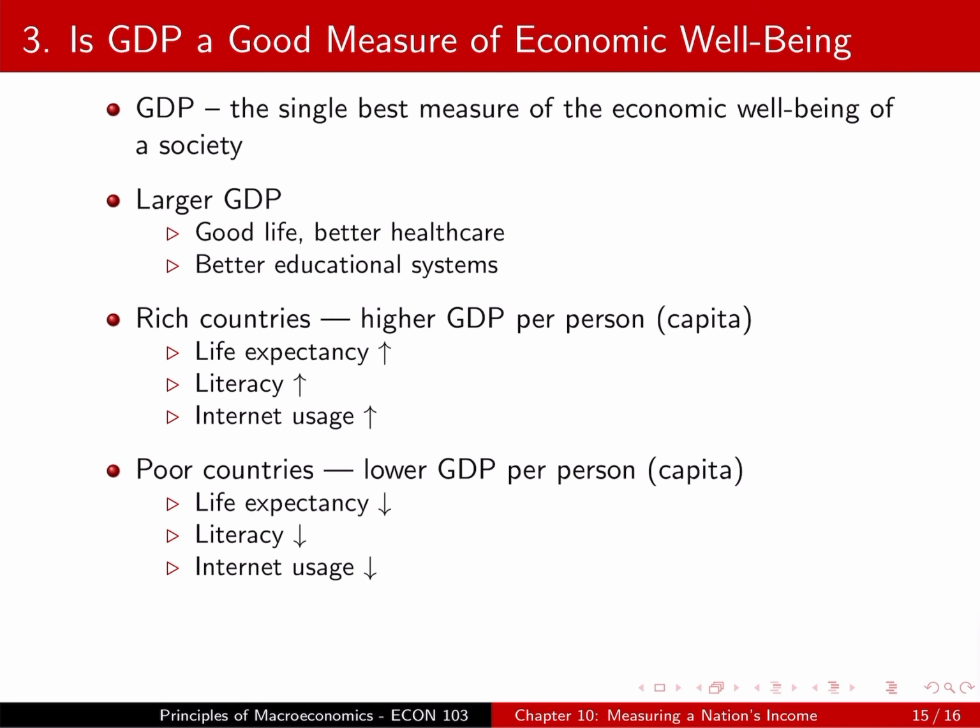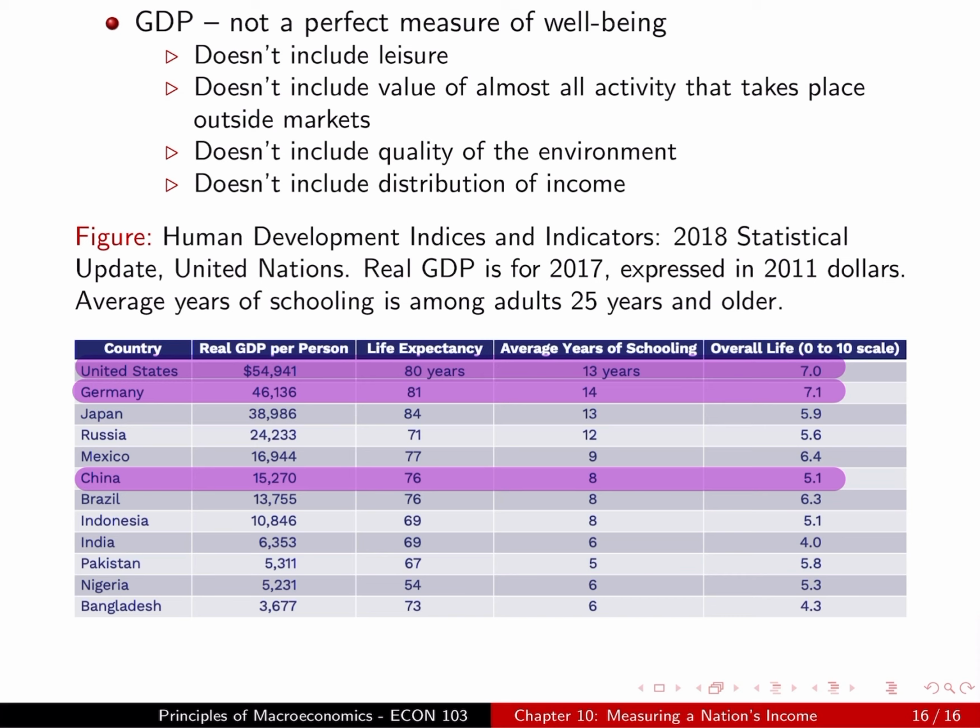While GDP is a useful indicator of economic activity, it has important limitations. It does not account for factors such as leisure time, the value of non-market activities, environmental quality, and the distribution of income across the population. To better understand overall well-being, we can look at the Human Development Index, HDI.